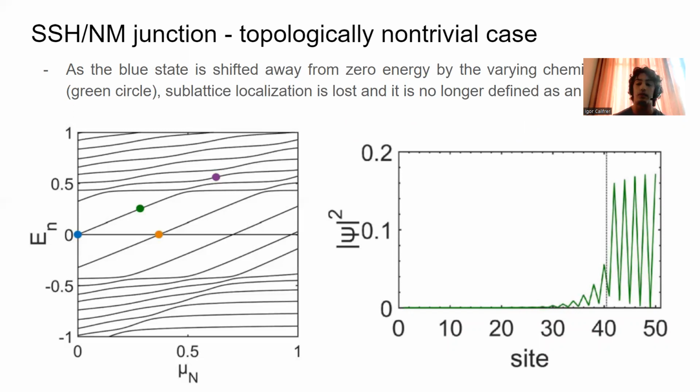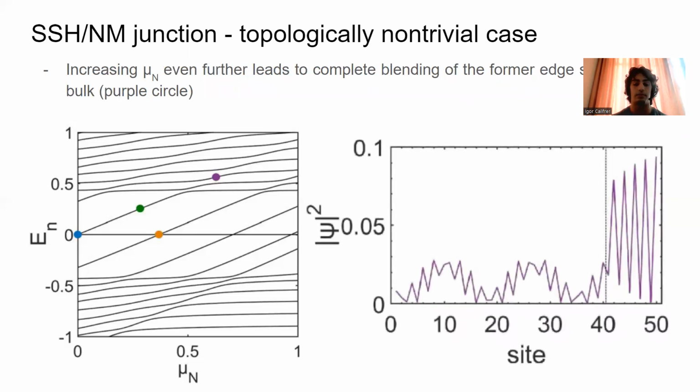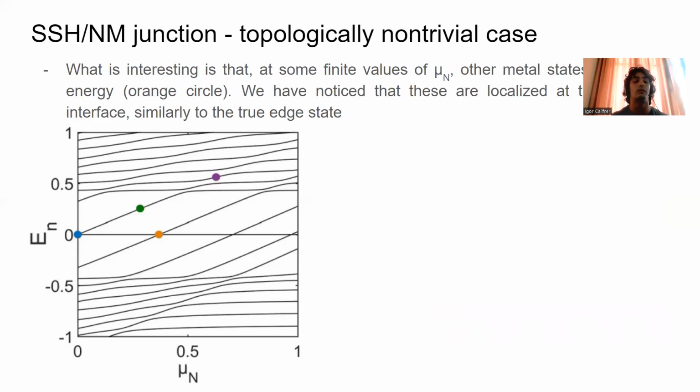It is no longer localized on the even sites, for instance. As we move further away from zero energy, look at the purple circle: the edge state is completely lost. But as the chemical potential of the normal metal is tuned, eventually states from the normal metal part cross zero energy. This you can see from the orange circle.